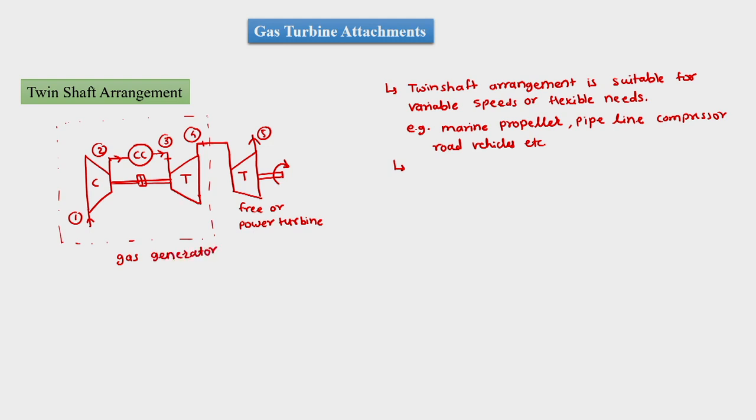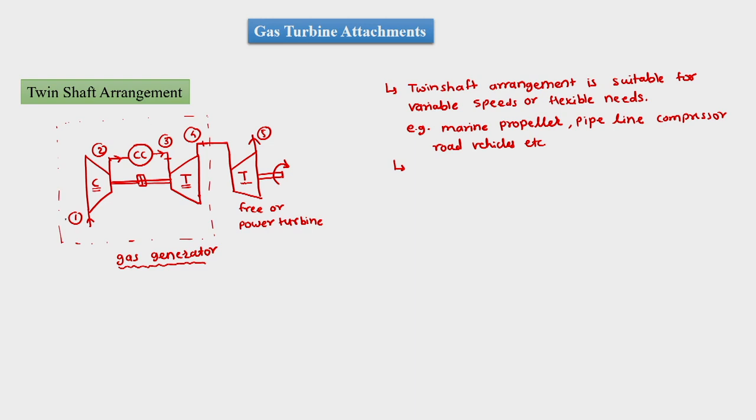So, there is a gas generator, and that gas generator provides gas to the power turbine, and the power turbine produces the necessary power output. So, this turbine produces the work which is just required to run the compressor, and this turbine produces the necessary power output.